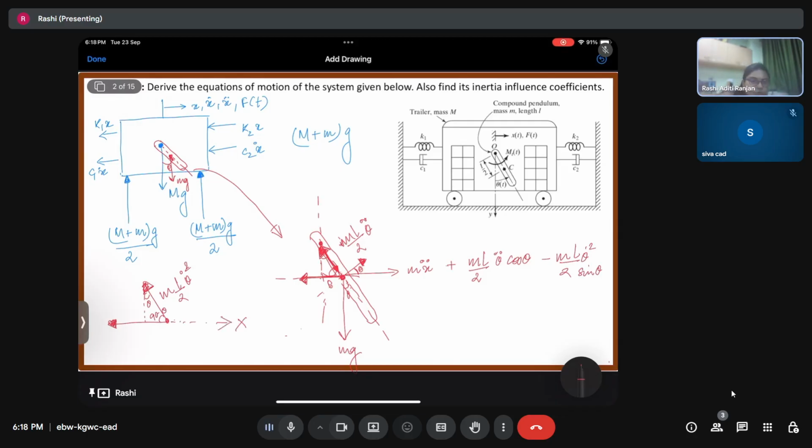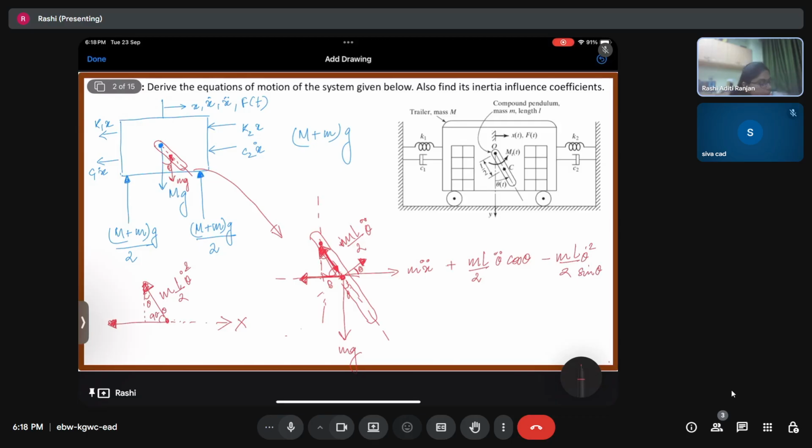Okay, I hope this is clear. This was for x. Apart from that, we also have components of theta, right? So the first thing is that this point mass at the center of mass is going to have its own inertia.